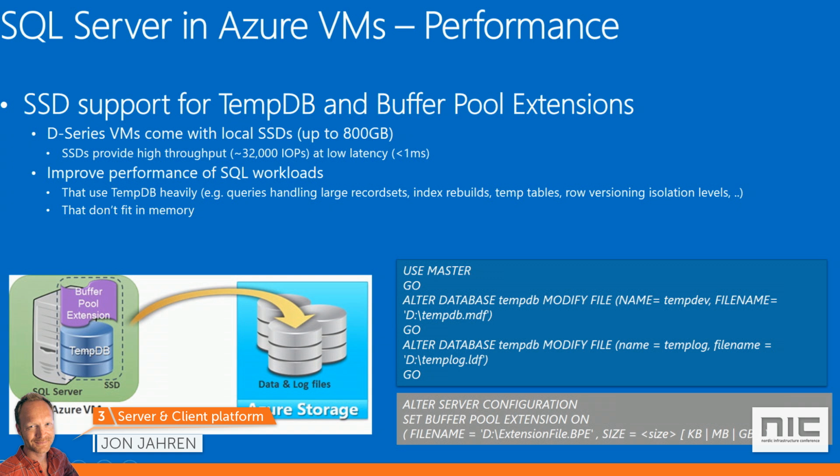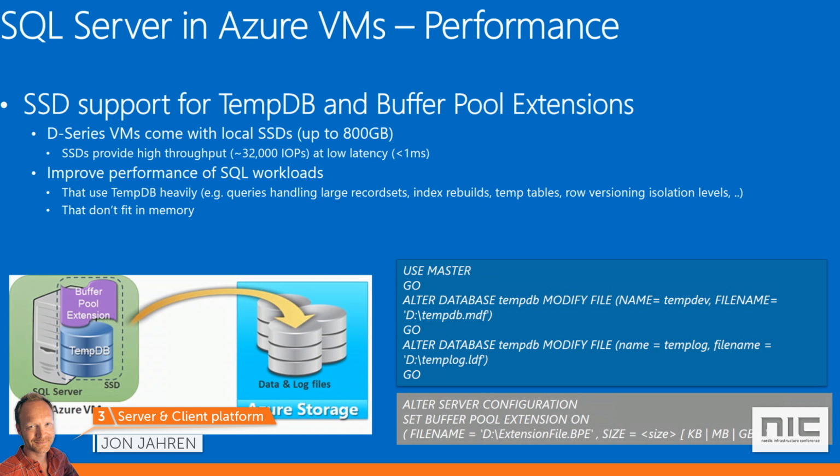And what SQL Server can do is place the clean committed pages from your buffer pool and flush them to an SSD drive, and in that way dramatically increase performance for new connections that need to read that data, and free your memory, and then get it from fast SSD instead of going to the slow database storage.